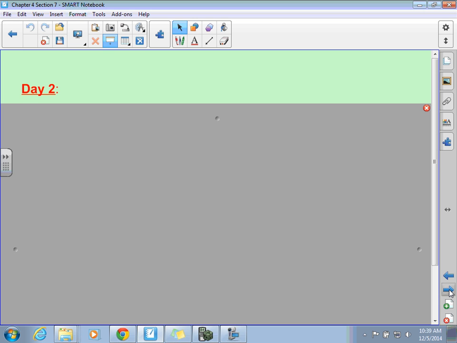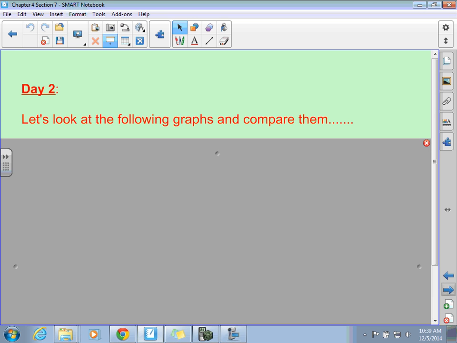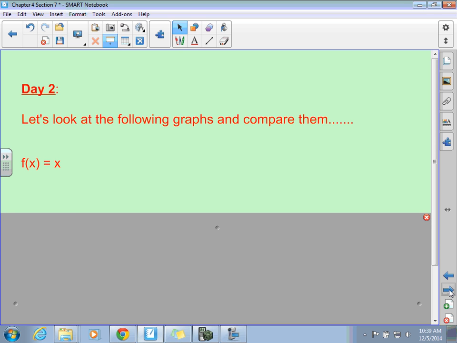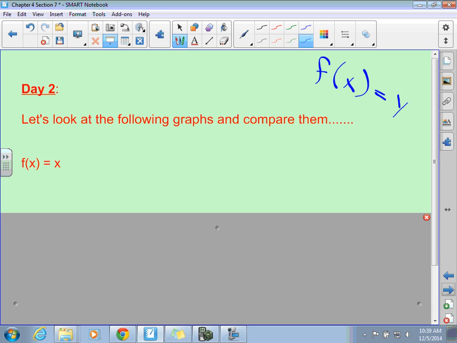Today is day 2, and we're going to look at the following graphs and compare them. So let's take a look at this first one. This first one is f of x equals x. Now, one thing we need to remember is f of x is just a fancy way of saying y for our purposes. So don't get freaked out if we see f of x. It's just kind of like a y. You'll also remember we've talked about y equals mx plus b, right?